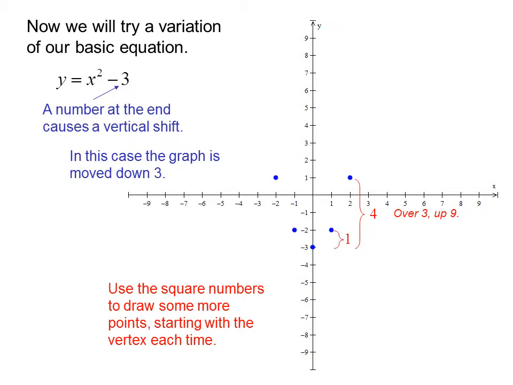So we count over 1, 2, 3, and up 1, 2, 3, 4, 5, 6, 7, 8, 9, which gives us a dot at 3, 6. Also, there will be a dot straight across. Now we can connect the dots again to draw our parabola.